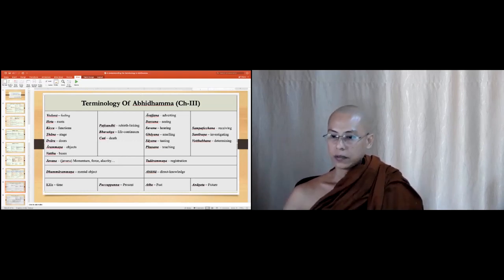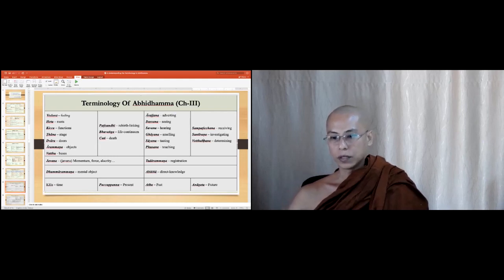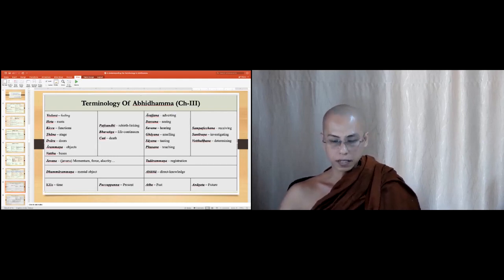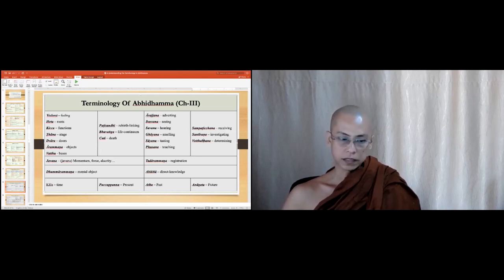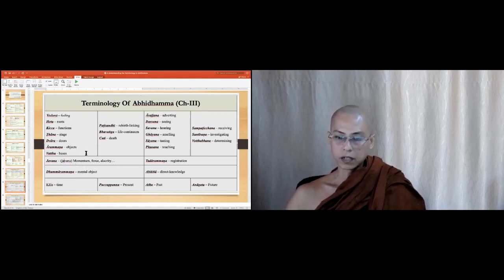Okay, here the receiving and investigating are already mentioned, and Votthapana, determining. This will be clear when we study the process of consciousness. And Javana, momentum, force. Usually it is not translated into English; we use only Javana. This is a kind of function of the consciousness.